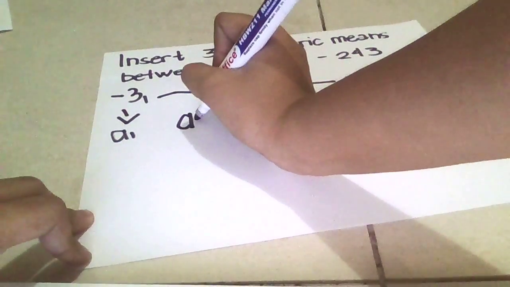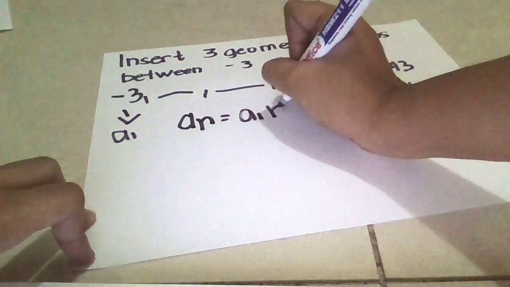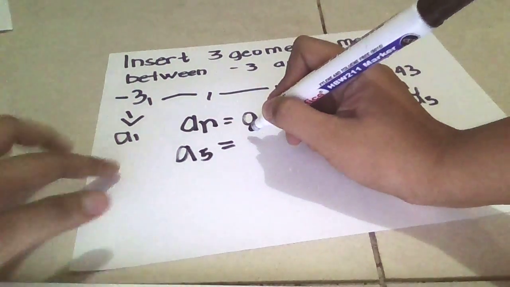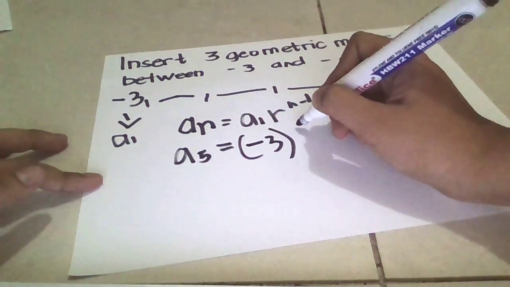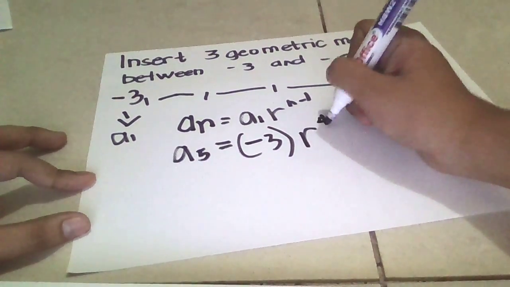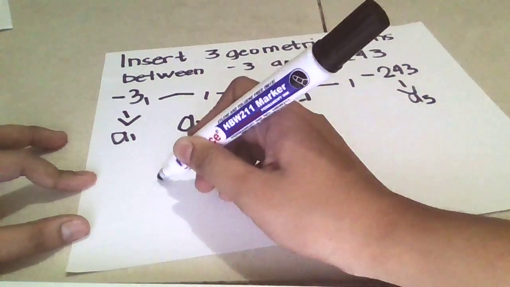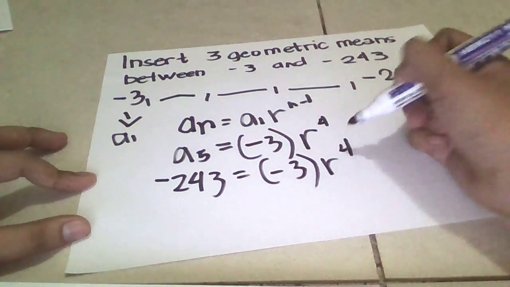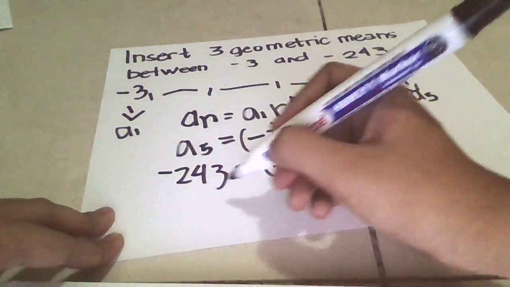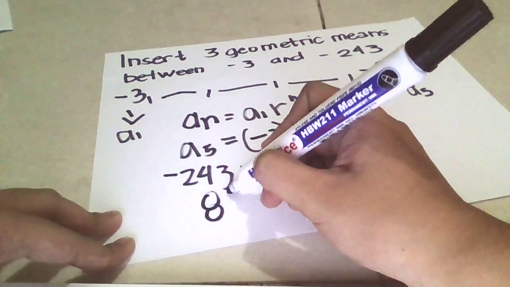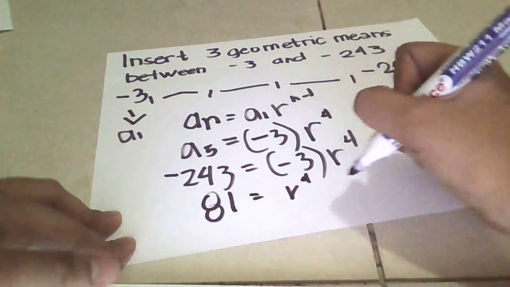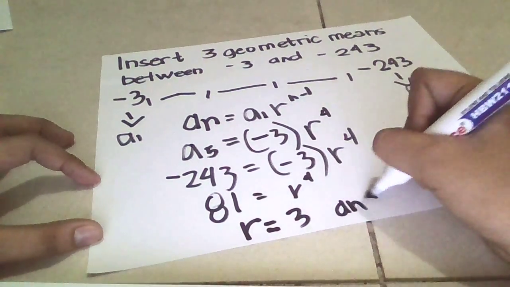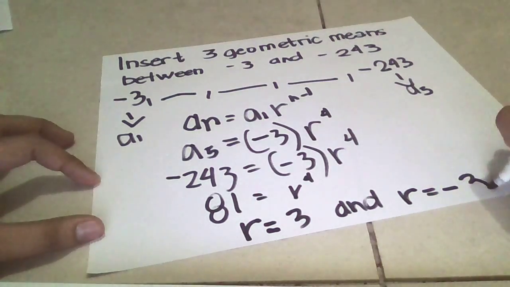Substitute it in the general formula. So your r is either r is equal to 3 or r is equal to -3.